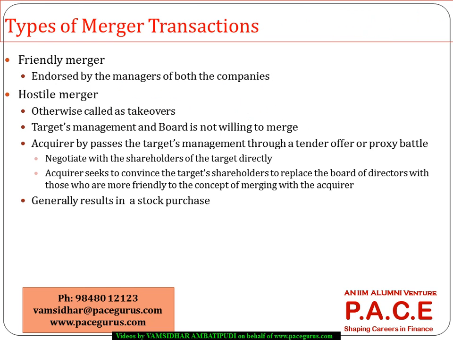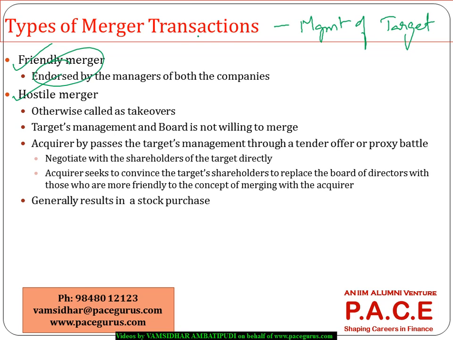Then the other classification, which is primarily looked at from the perspective of the management of the target, we see that the merger could be classified either as a friendly merger or a hostile merger. Whenever we talk about a friendly merger, it's a kind of agreement or approval between the management of both the companies.